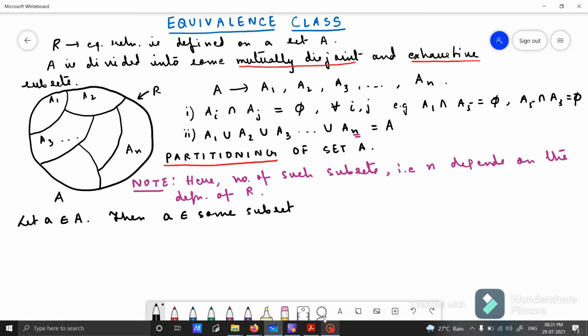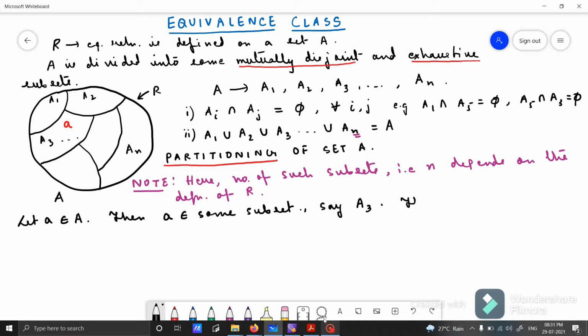Of all the subsets that we have got, there will be at least one subset where this element will belong. Let us say this small a element belongs to the subset, say A3. Suppose on inspection I find that small a is here, in A3.